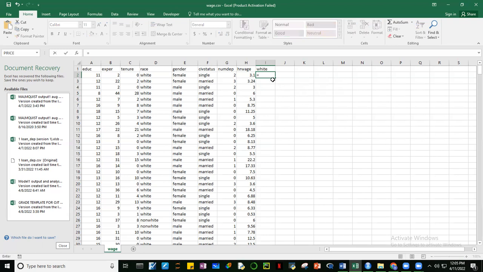So, let me write this formula. If this is equal to, if this is equal to this one, okay, and then I'm going to fix this.